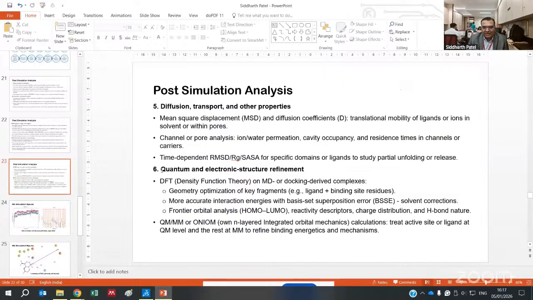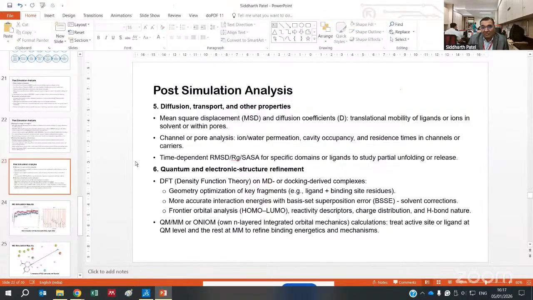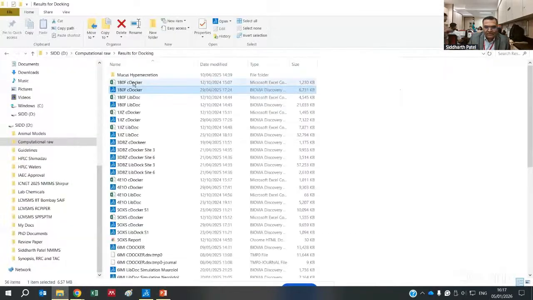Then the last type of study is quantum and electrostatic structure refinement. Many times it happens that when the molecule is dancing during the simulation study, let me show you.